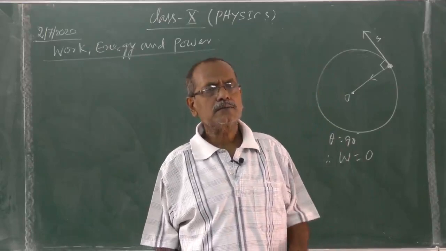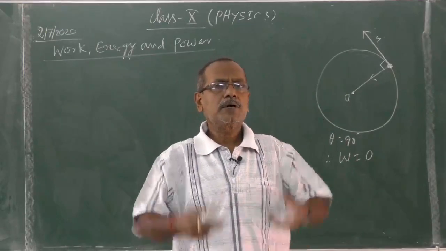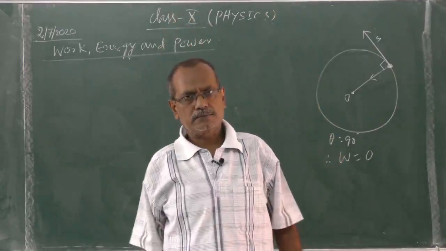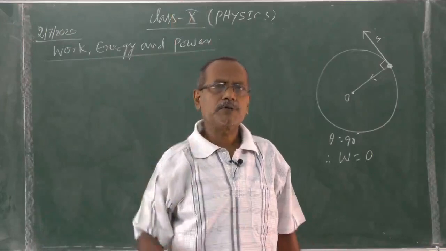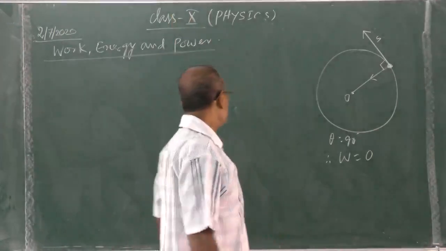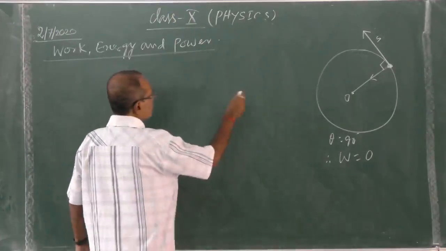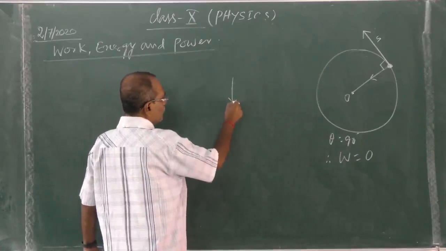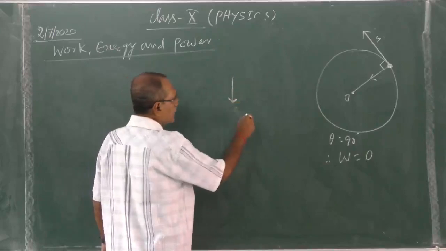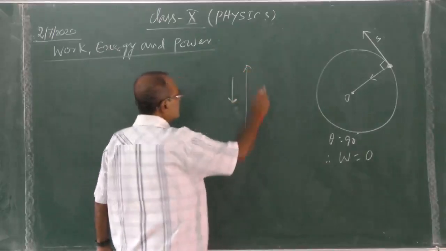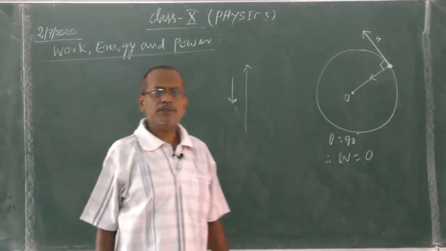Now if we are taking a body in the upward direction, okay, when a body is thrown in the upward direction, then what happens? Then the weight of the body will work vertically downward, but the displacement is in the opposite direction.